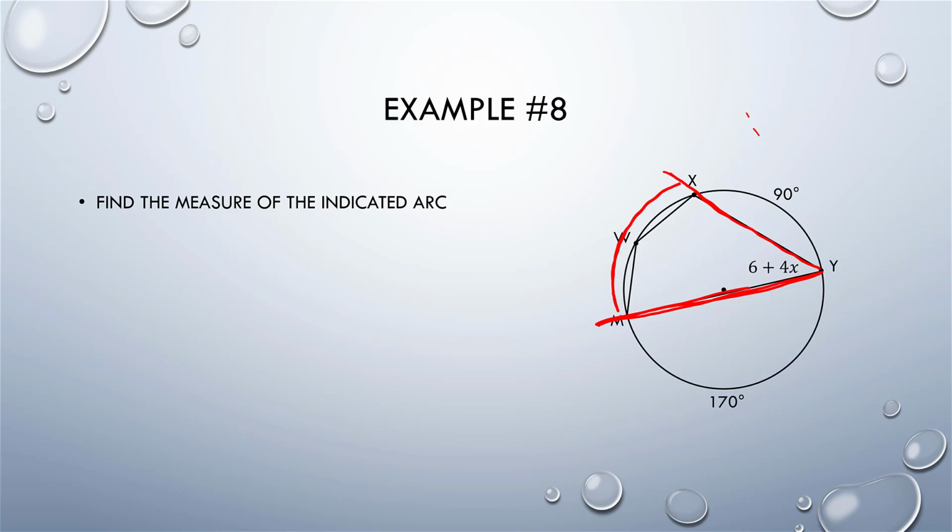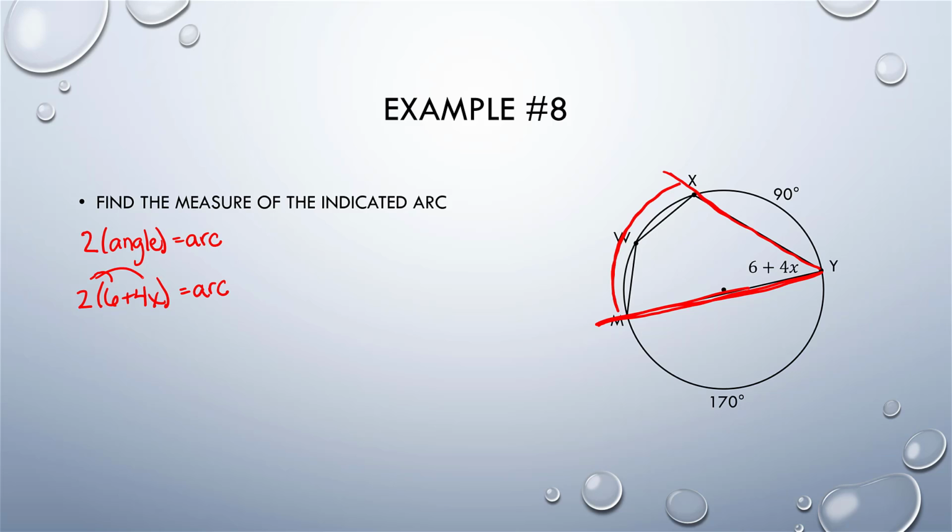So if I take my angle and I double it, that gives me my arc. 2 times angle equals arc. So my angle is 6 plus 4x, and that's going to be my arc.